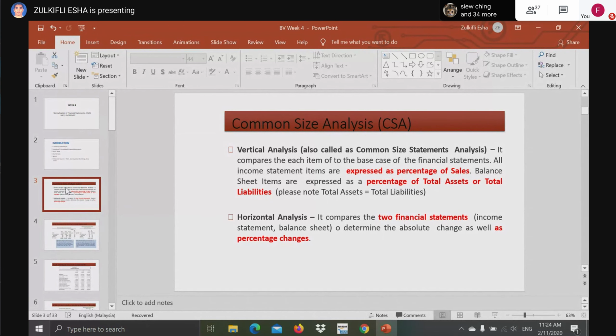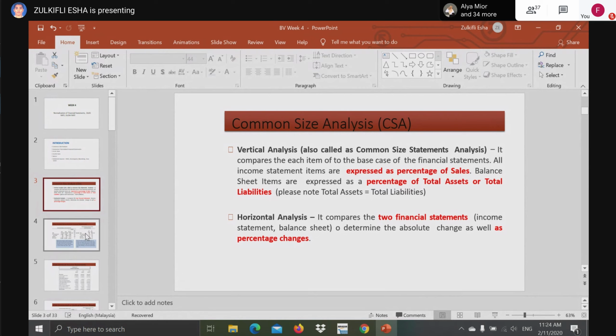So horizontal analysis will compare the two financial statements, which is the income statement and balance sheet, to determine the absolute change as well as percentage changes. So we will go through some examples.